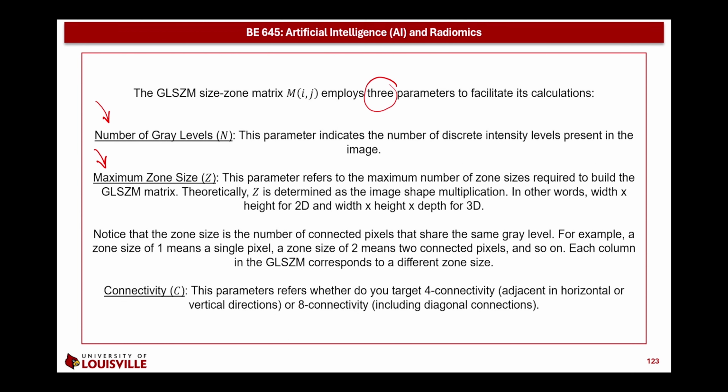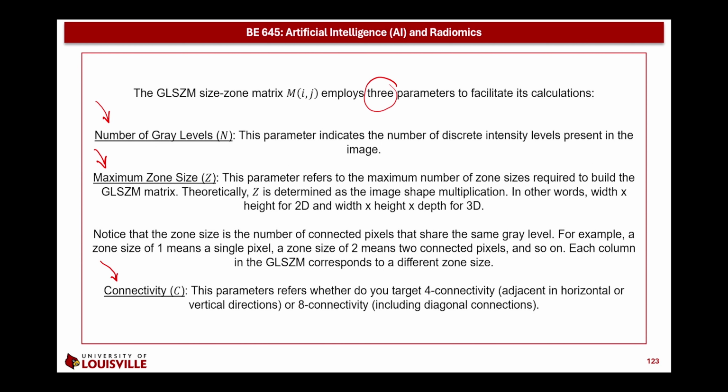Theoretically, z is calculated as the image shape multiplication; in other words, we multiply width by height for 2D matrices and width by height by depth for 3D matrices. The third parameter is the connectivity C.